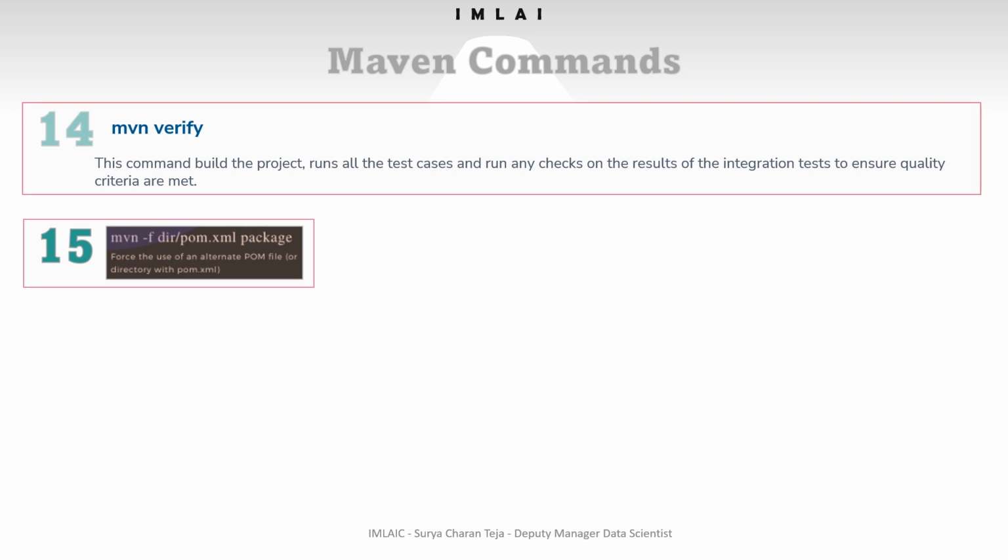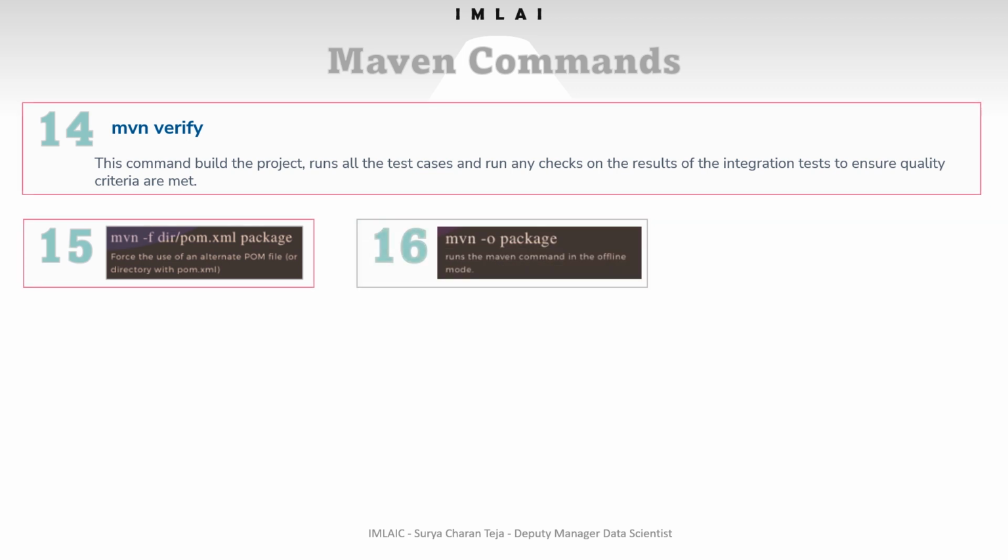It's useful when you have to run a Maven build from a script. Then we have the mvn -o option with package. This command is used to run the Maven build in offline mode. It's useful when we have all the required jars downloaded in the local repository and we don't want Maven to look for any jars in the remote repository. In that case, we can package it offline.